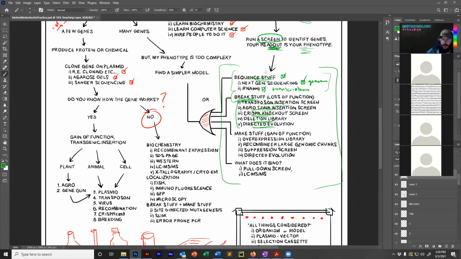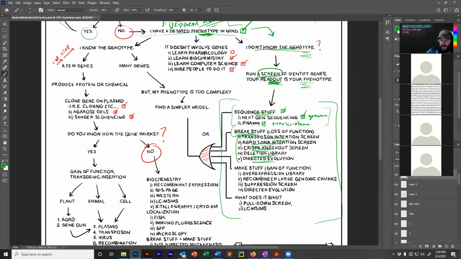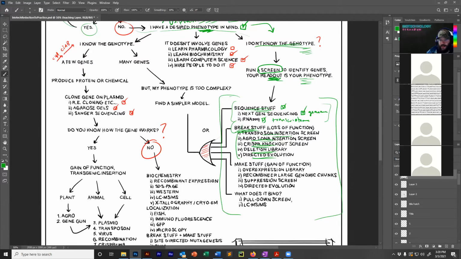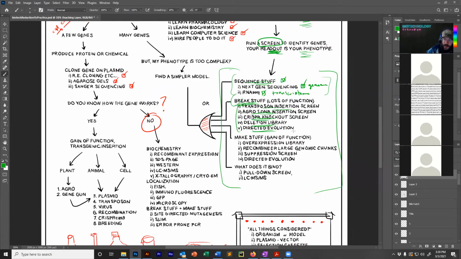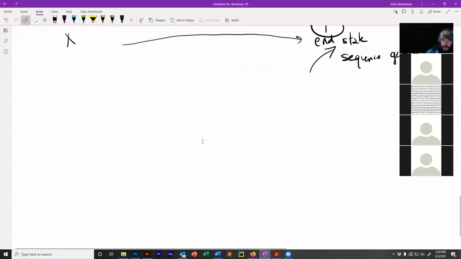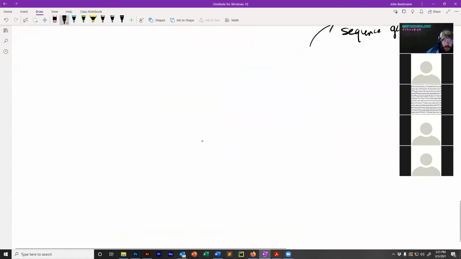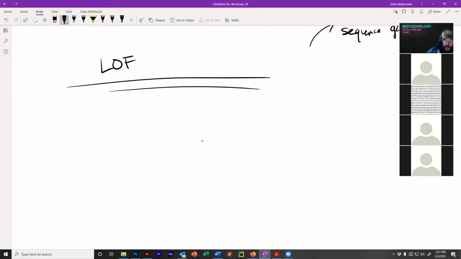Okay, so again, the issue of this tree is you have a phenotype in mind, you don't know the genotype, you want to try to find all the genes that are responsible for the phenotype. So you can sequence stuff, you can break stuff, you can make stuff. So this is the reciprocal of the break stuff. And I talked about this in the lab, where all those things above are loss of function experiments.